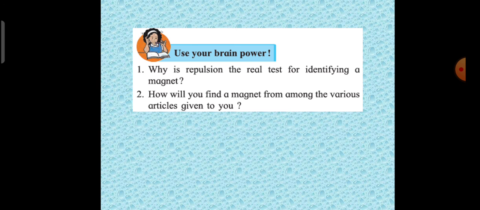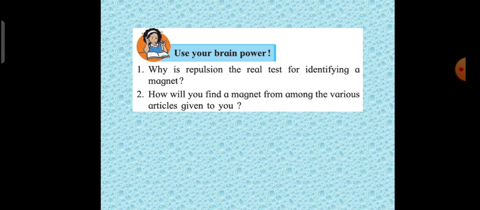Use your brain power. Why is repulsion the real test for identifying a magnet? See, children, if there is an attraction between two objects, we cannot say that both the objects are magnets, because one of them can be a magnet and the other object can be a substance like iron.